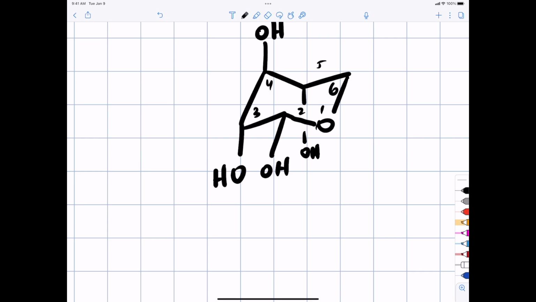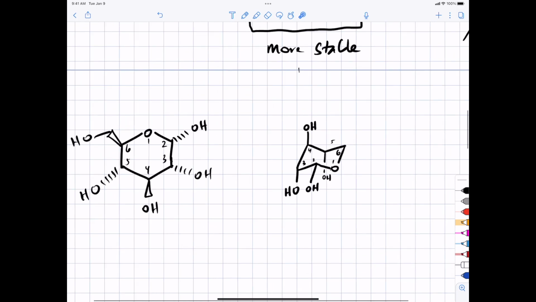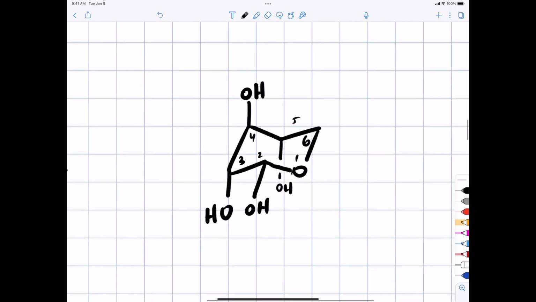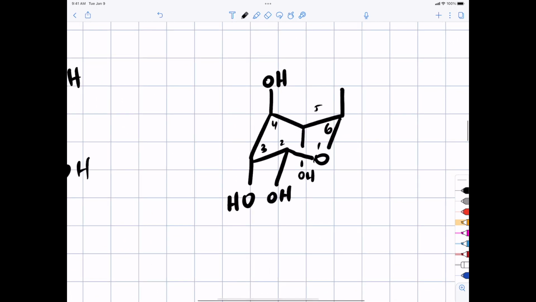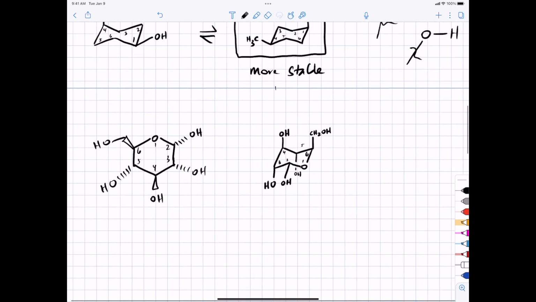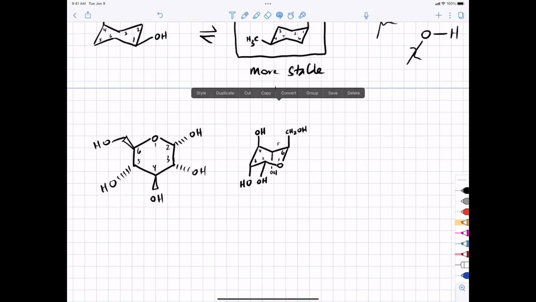What I'm intending to communicate, we've got to move the 2 as well, sorry, is that we have an OH group that's axial down on that carbon in the back, and then carbon 6 has a CH2OH attached to it, and that's up, and at carbon 6, the up position is axial. So now I can check and make sure I've gone around and I've got everything in the right place.